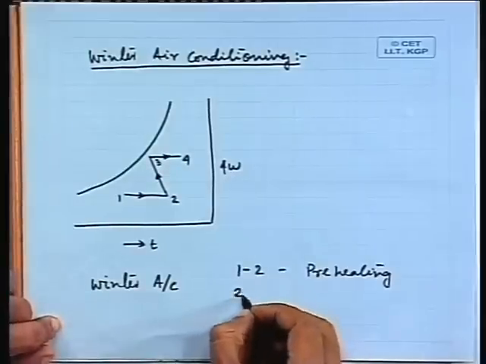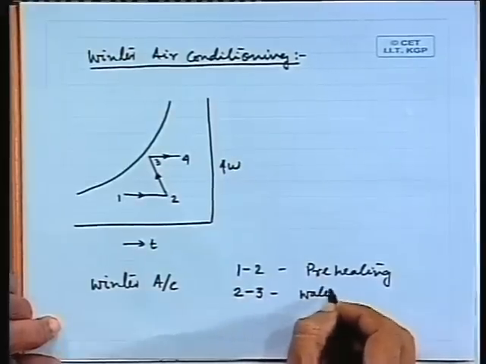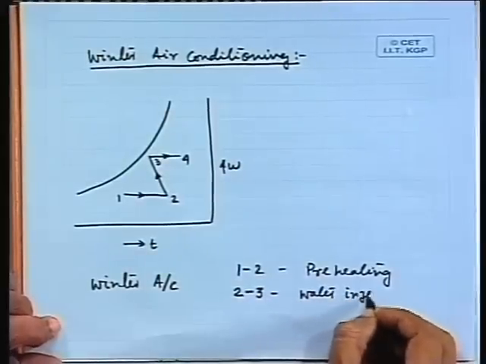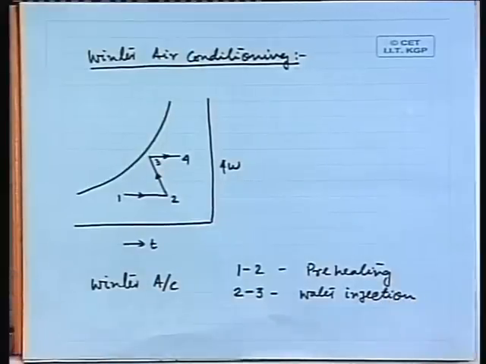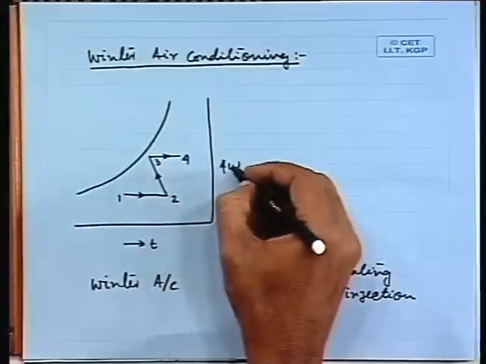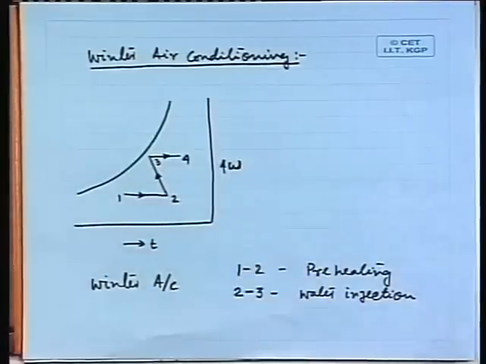Then 2 to 3, water injection. If we inject water, what will happen? Water will evaporate. During that process, the moisture content or absolute humidity will increase, but there will be a decrease in temperature.